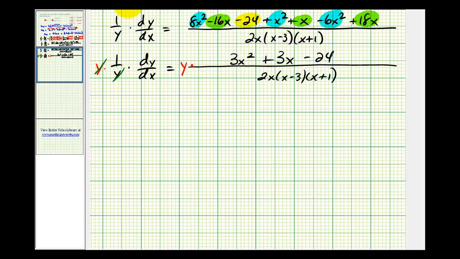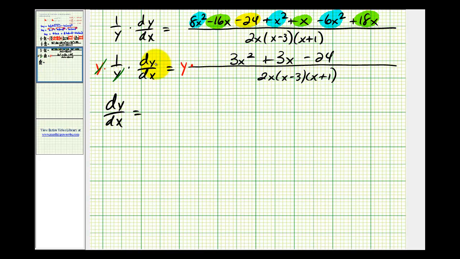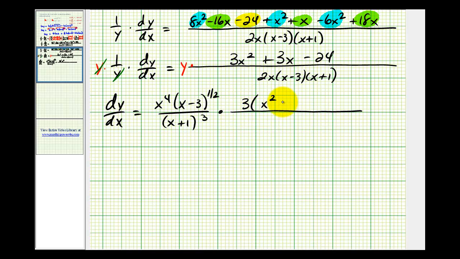So if this simplifies out, we're left with dy/dx equals y, which is the original function given here. So we'll have x to the fourth times the quantity x minus 3 to the 1/2 all over x plus 1 to the third, times, again, we're going to factor this numerator, so we'll have 3 times the quantity x squared plus x minus 8 all over 2x times x minus 3 times x plus 1.